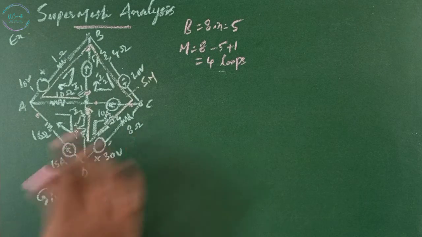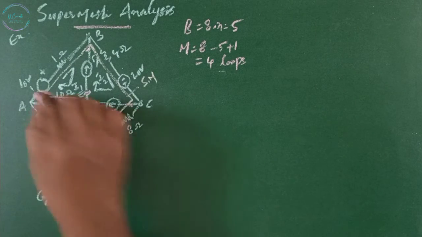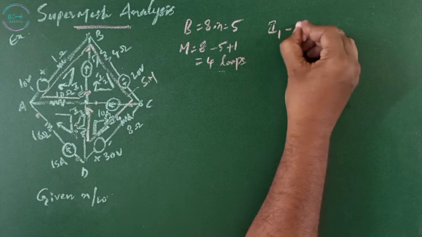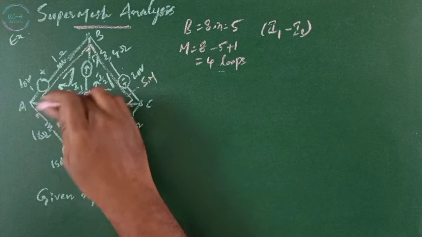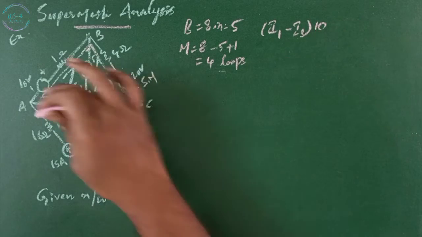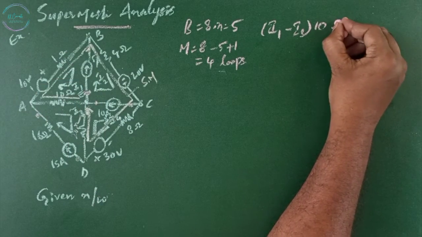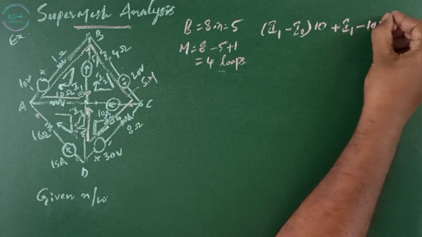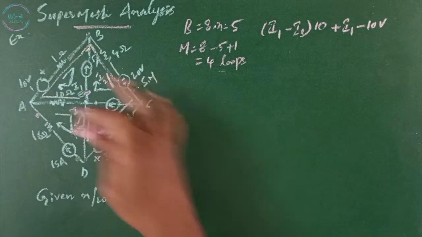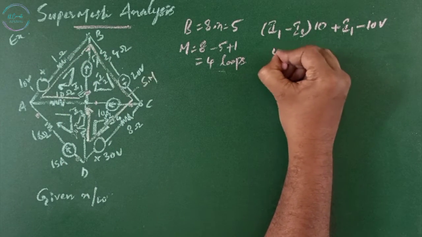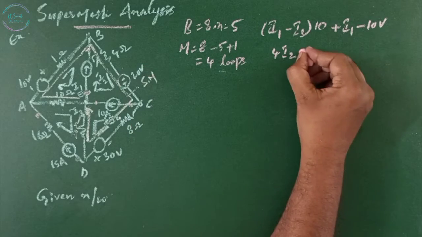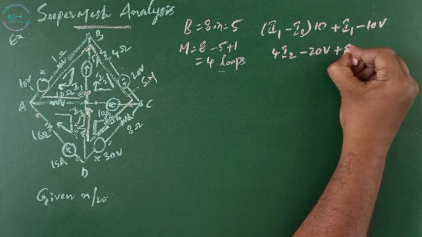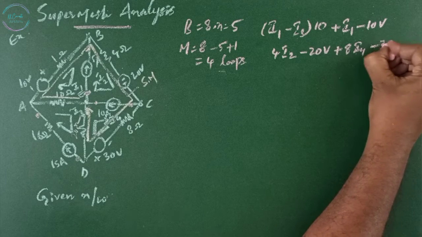Let us apply KVL for the supermesh. First, in this branch I1 is opposite in direction to I3, so minus I3 times 10 ohms. Then in this one it is 1 ohm, so plus I1, minus 10 volts for this branch. For this branch, 4 I2 minus 20 volts, and for this branch 8 I4 minus 30 volts.